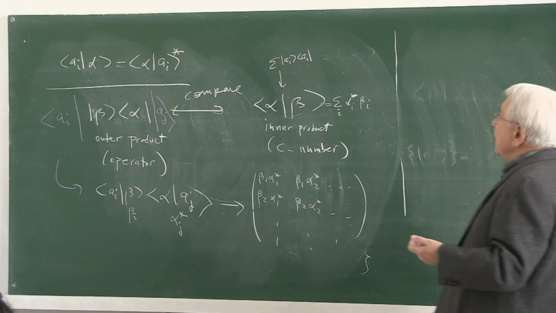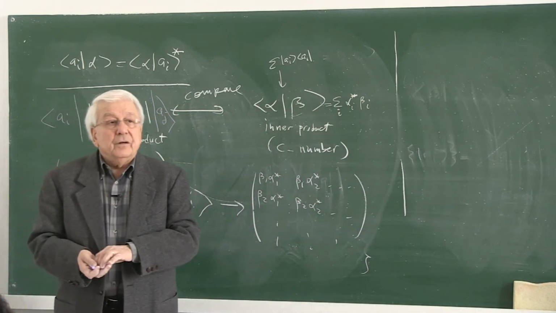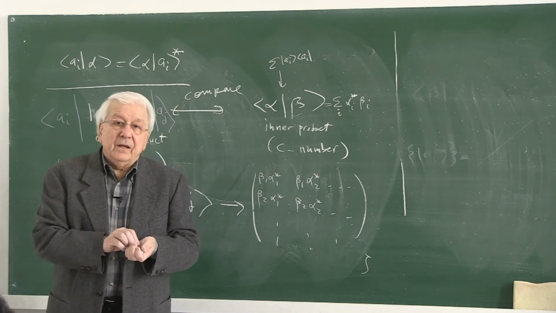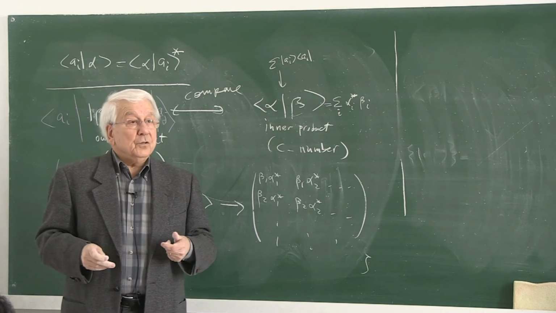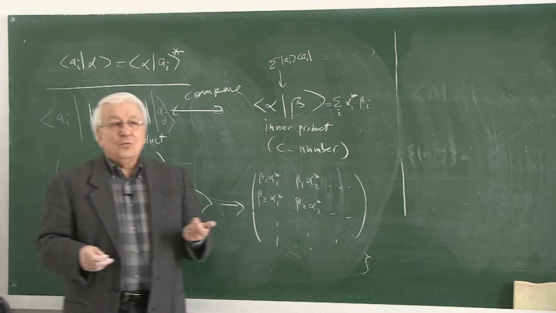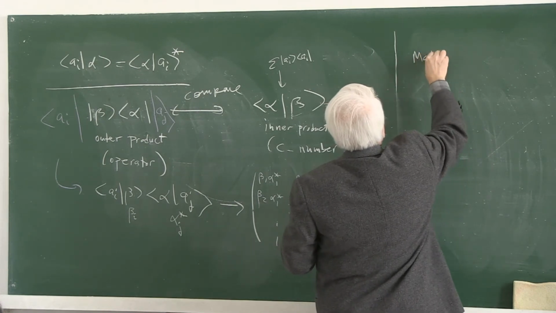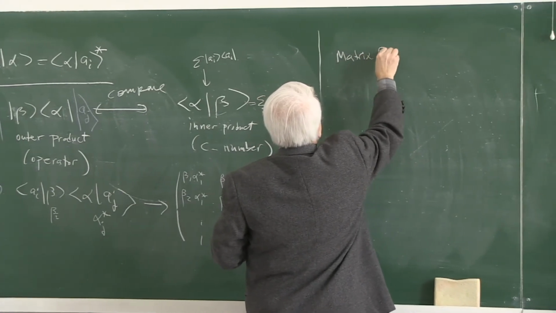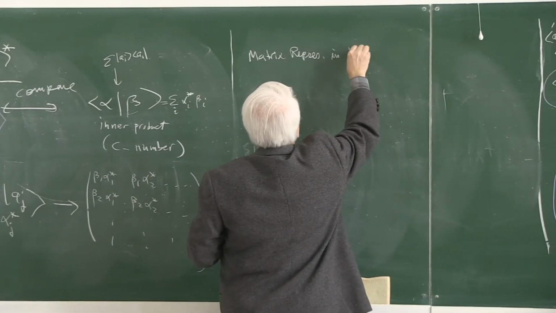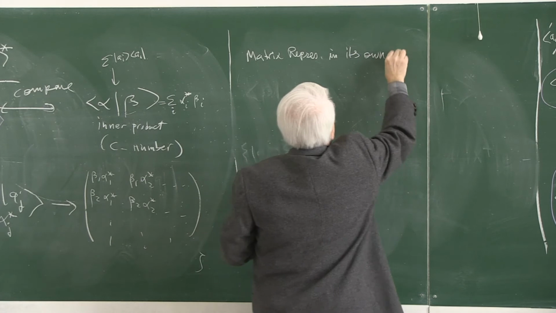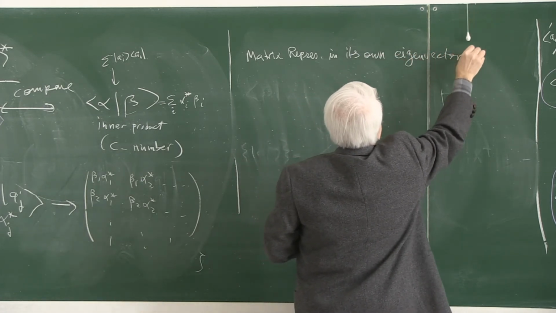Okay. Now if I have a Hermitian operator A, and if I use its eigenvectors to get the matrix representation, what do I get? So, the matrix representation in its own eigenvector basis.